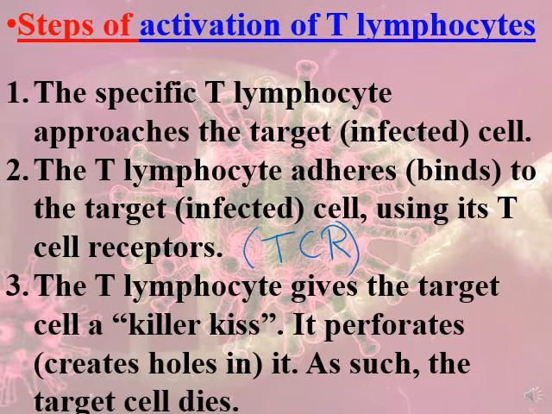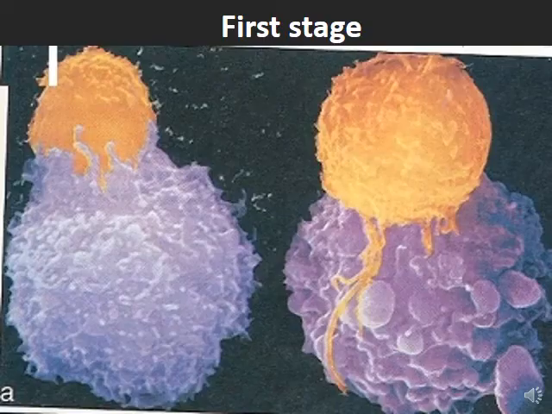So the first step, the T lymphocyte approaches the target or the infected cell and gets in direct contact with it using its TCR, and then it gives it a killer kiss. This kiss will perforate the cell, creating a hole in it and releasing its content, and finally it will die. These are the steps of the activation. First, the specific T lymphocytes approach the infected cell.